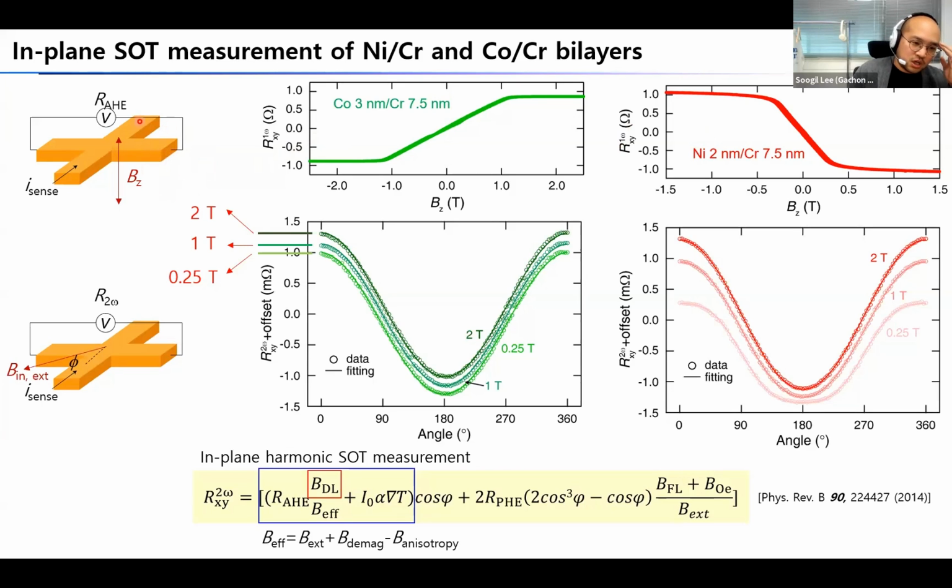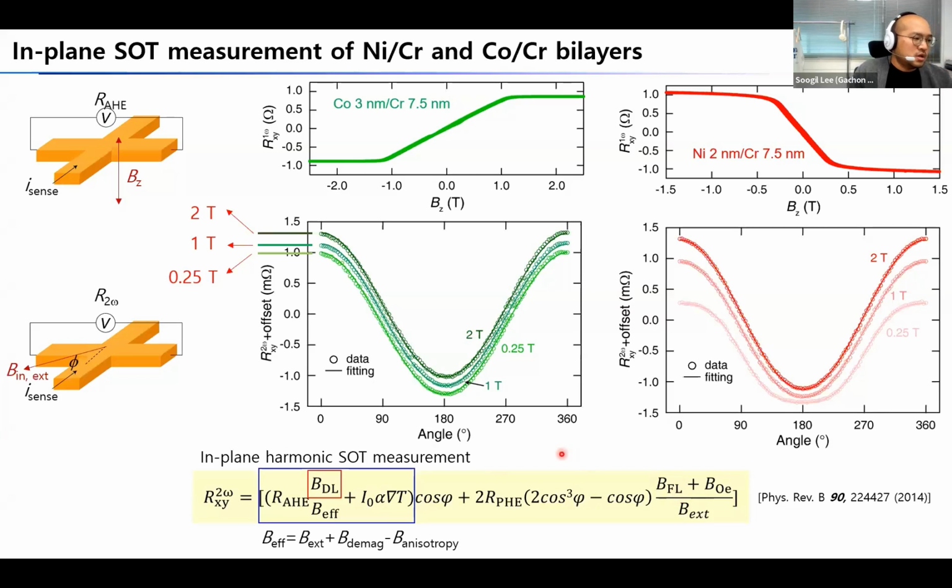The measurement geometry is given by this figure, and these two graphs show the second harmonic measurement results as a function of azimuthal angle. This second harmonic result can be described by this angular dependent relationship, which consists of several physical parameters such as the anomalous and planar Hall resistance and the strength of the damping-like and field-like SOT effective fields.